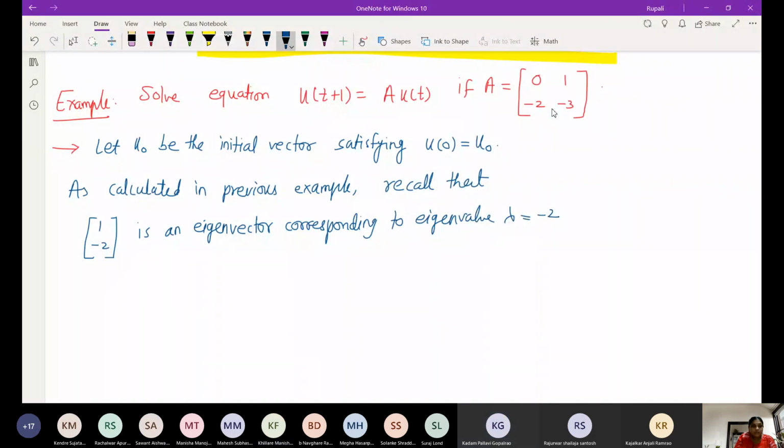Lambda is equal to -2. And what is the eigenvector corresponding to lambda equal to -1? (1, -1) is an eigenvector corresponding to lambda is equal to -1. Right?